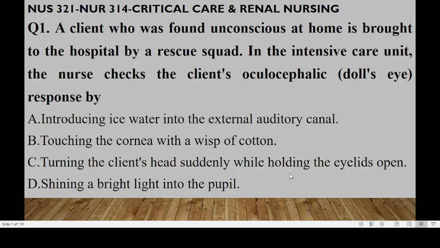Question number 1. A client who was found unconscious at home is brought to the hospital by a rescue squad. In the intensive care unit, the nurse checks the client's oculocephalic response, the doll eye.